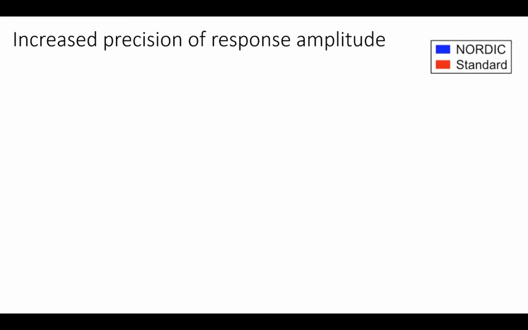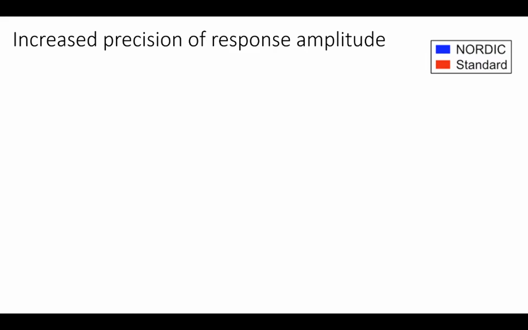Okay, so the other thing that we want to make sure is improved with Nordic is the precision of response amplitude. So the assumption here is that, especially with the stimuli that we're using, flickering gratings, in a noise-free world, several presentations of the same stimulus should lead to comparable evoked responses, if not identical evoked responses. Ideally, without feedback, it would be identical.